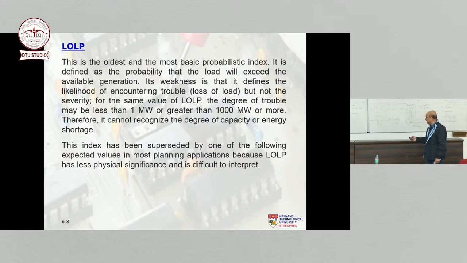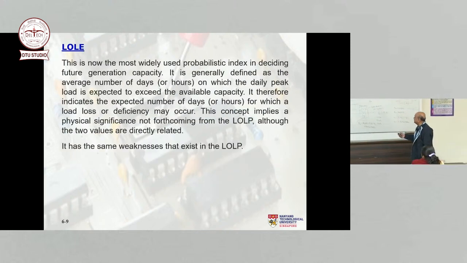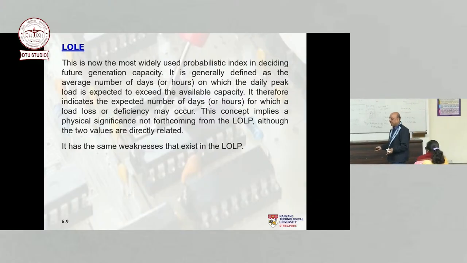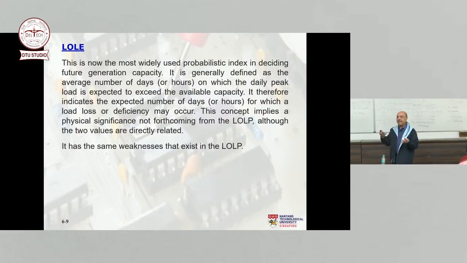So we look at another index called the loss of load expectation. Now this one is slightly better. Why? Because it tells you the number of days or hours on which the load will be higher than the available capacity. Meaning, whenever there is loss of load, how many hours or days are we losing power?